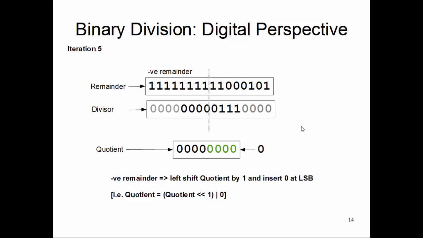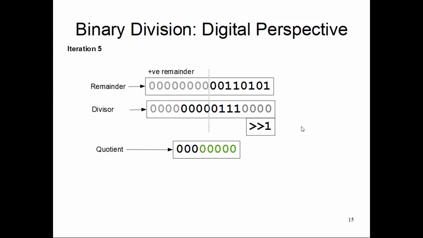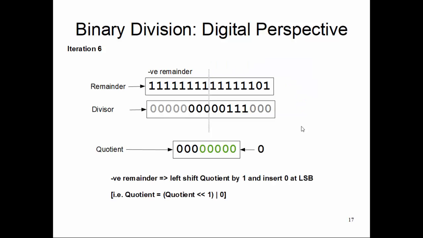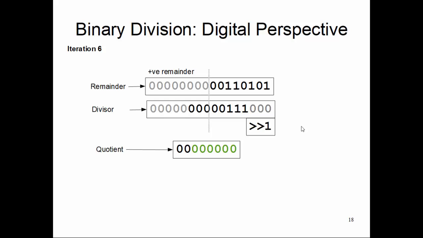We left shift the quotient by 1, insert a 0, roll back the remainder register, and right shift the divisor by 1 bit. At this point, the divisor still has a higher value than the remainder, which means subtraction will give a negative value. Then we left shift the quotient by 1, insert a 0, roll back the remainder, and right shift the divisor by 1.